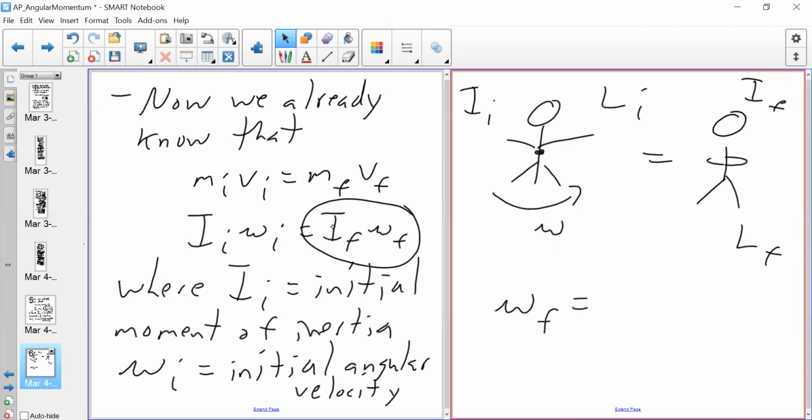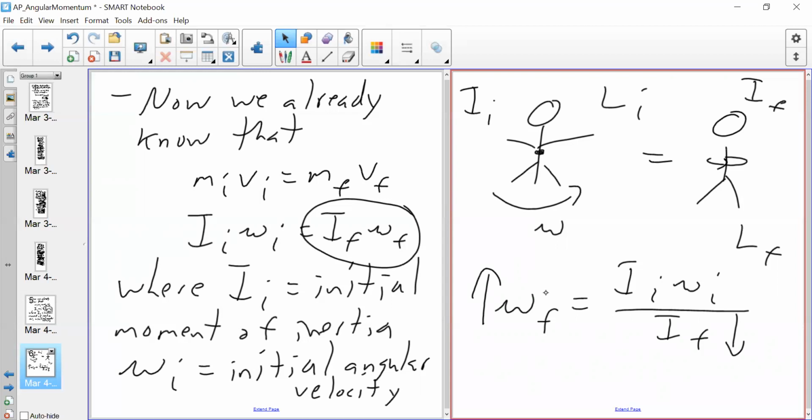If we take this equation, I omega I equals IF omega final, we see that this divided by this gives us a new angular velocity. The angular velocity is going to go up because the final moment of inertia goes down, because their arms are brought in and the radius decreases. So if this goes down, the final angular speed goes up and they spin faster in place.